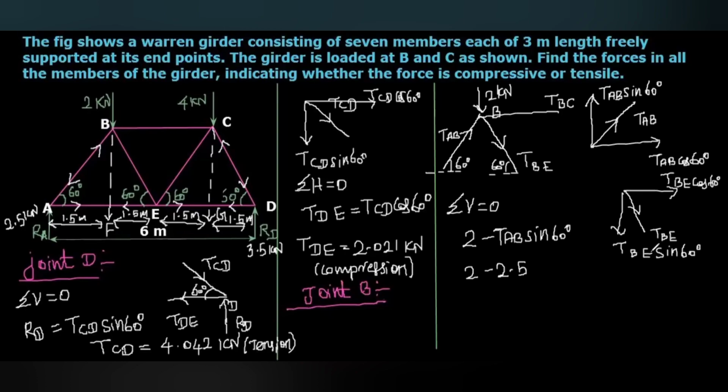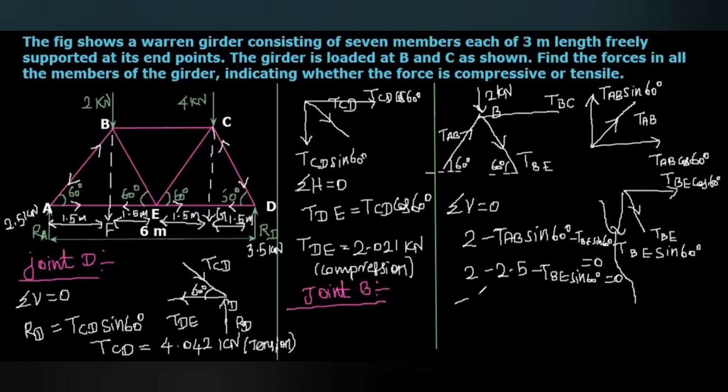So this TBE sin 60 is also a negative force. So we can write minus TBE sin 60 equal to 0. We know already 2 minus 2.5 minus TBE sin 60 degree equal to 0.